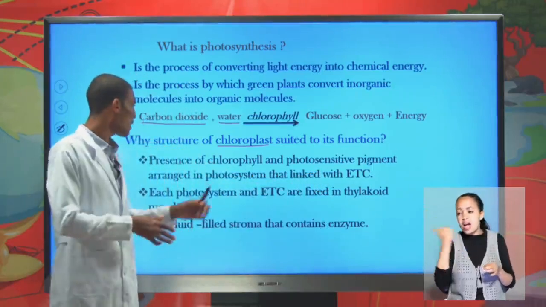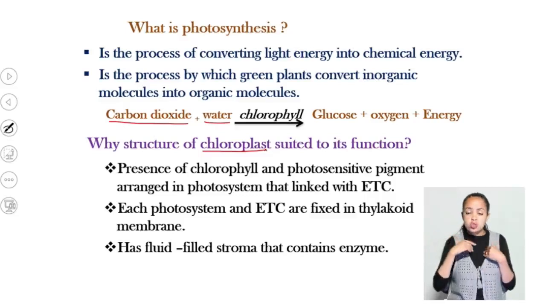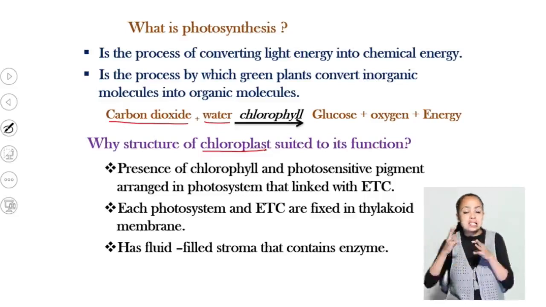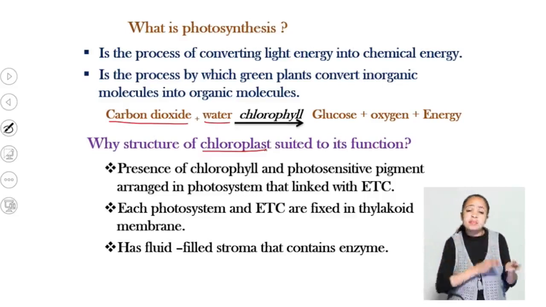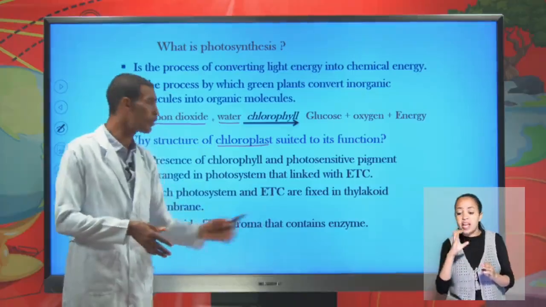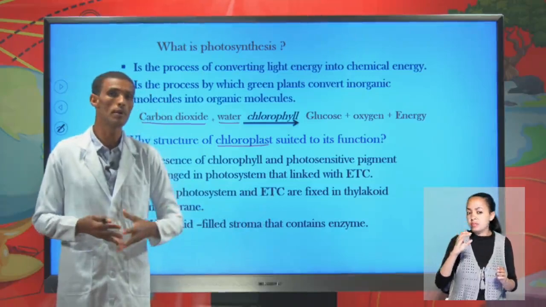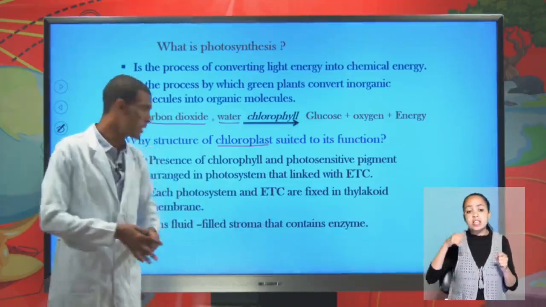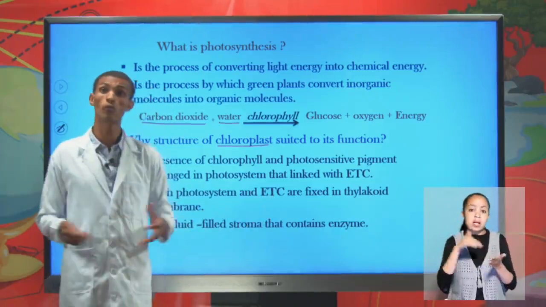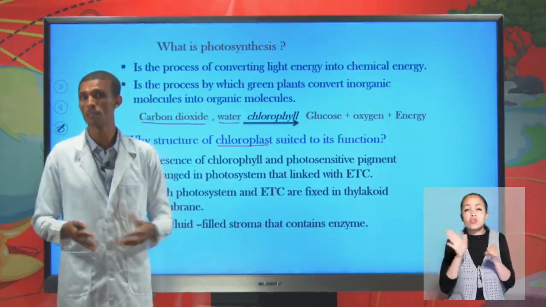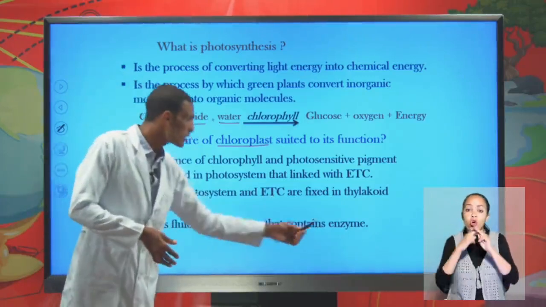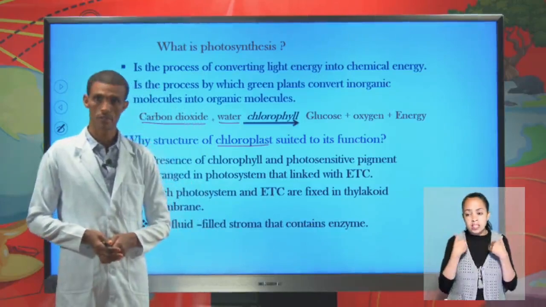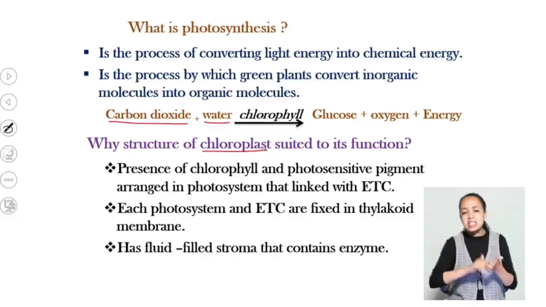Another is the presence of photosystems, photochemical reaction centers such as photosystem 1 and photosystem 2, and electron carrier molecules fixed in the thylakoid membrane. Also, there is a fluid-filled structure called the stroma that contains enzymes. These are very important reasons why the chloroplast is suited for its function.